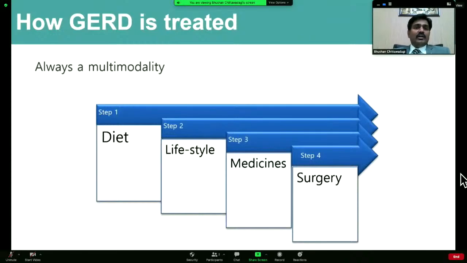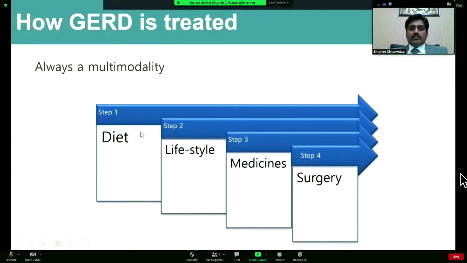These two I can only advise, but following them with sincerity depends upon my patient. If you see this chart, during the entire treatment modality, the diet starts from here till the end of the arrow. It means surgery is only the fourth component.